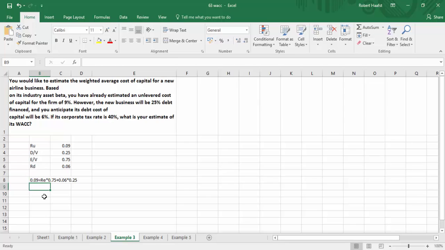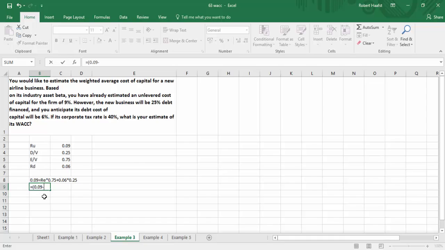Well, this formula we can alter to get to what we want to know, the cost of capital. And so we move the 6% times 25% to the left, and we divide both sides by 75%, and we have the value we want. So it will result in 9%.